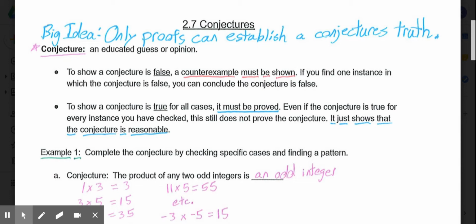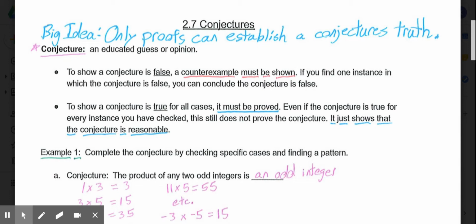Even if the conjecture is true for every instance you have checked or tried, that still does not prove the conjecture. It simply shows the conjecture is reasonable. To be proved, it would have to be true without a doubt for every possible scenario.